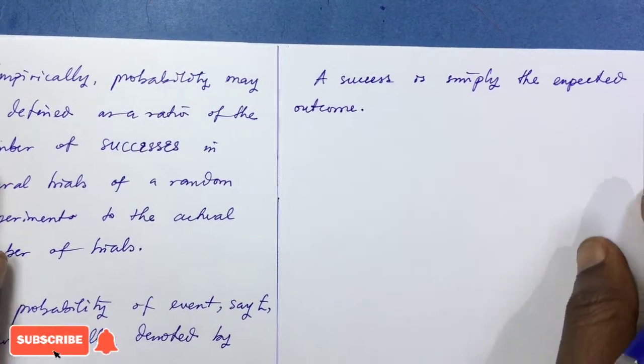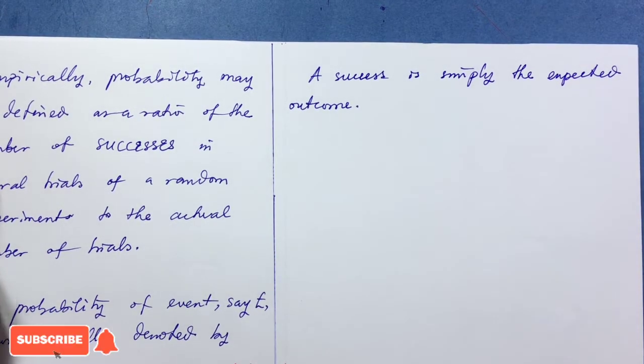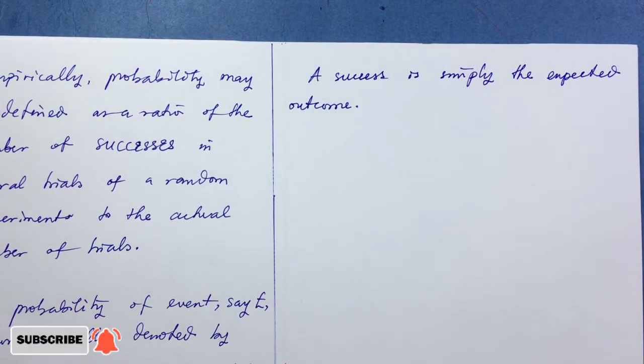So let's say you were interested in carrying out the activity of tossing a coin. But before tossing that coin, you already desired a head to show up. Now, if after tossing the coin, a head actually shows up as expected, that head becomes a success. And the other side, which we will call a tail, is not a success but a failure.